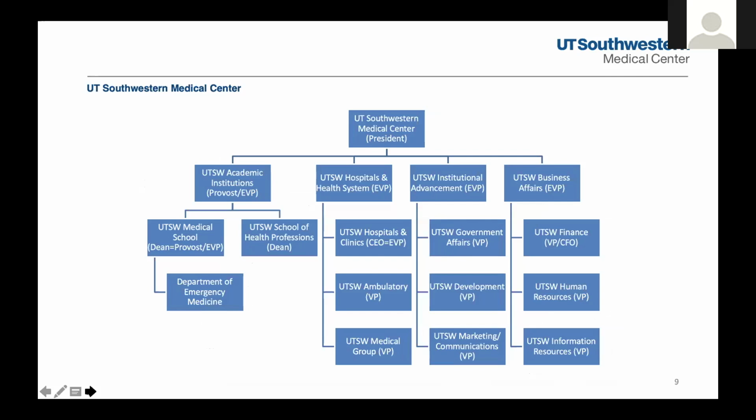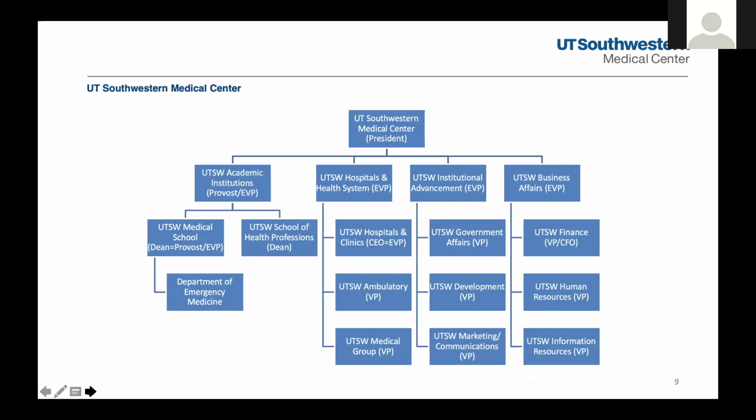This is the same thing, but done in a way that I think makes it a little cleaner and maybe a little easier to understand. So we have one single president of UT Southwestern Medical Center, and UT Southwestern Medical Center includes the academic institutions, which, like I mentioned, are the medical school, school of health professions, and so on and so forth.